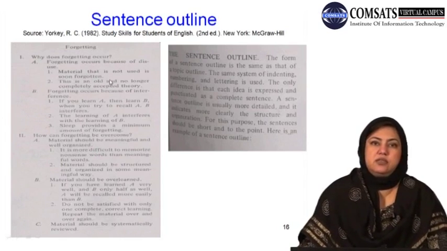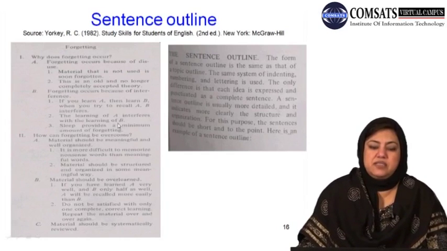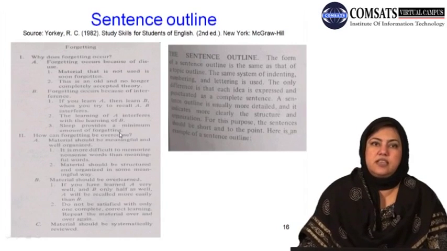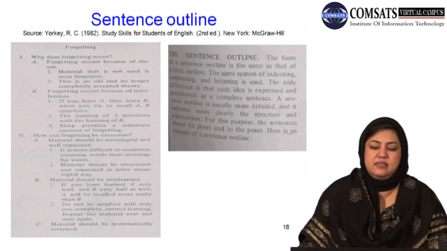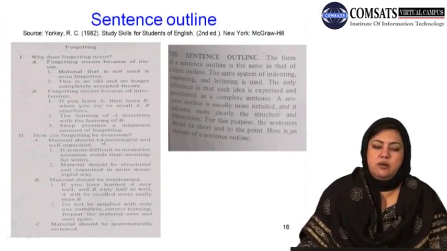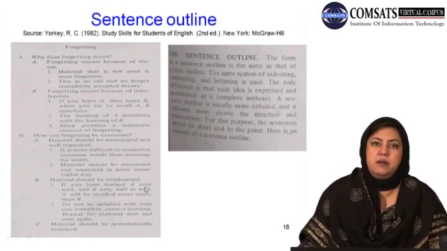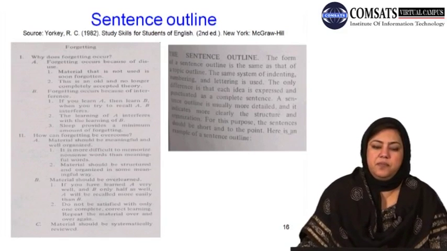Most of the times try to stick to simple sentences instead of compound and complex sentences, so that the outline, number one, does not become very complicated and complex, and number two, so that you can save your time, and instead of going into the lengthy outline, you can have a reasonably precise one.